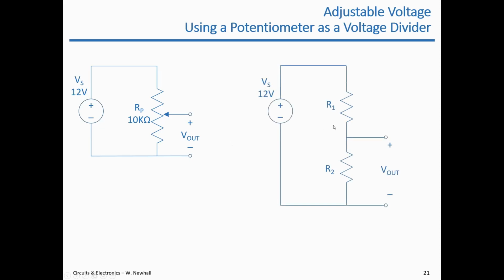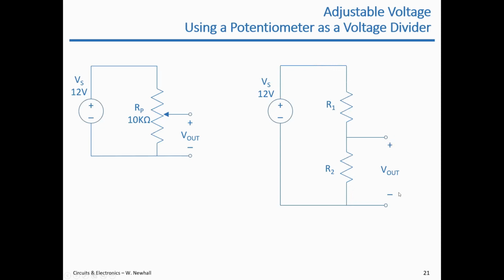So let's draw in the 2 resistor model of a potentiometer. And look what I have here. I have a voltage divider, right? I have a voltage applied across series resistors. R1 and R2 are in series because if I have current flowing down through R1, it also flows through R2.